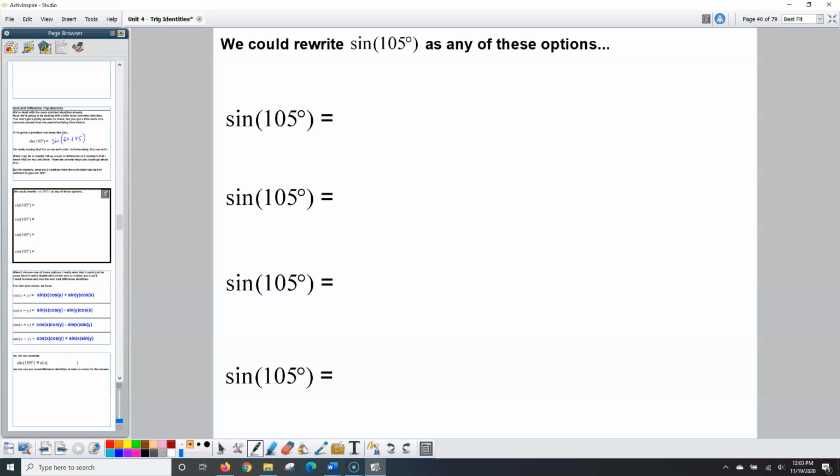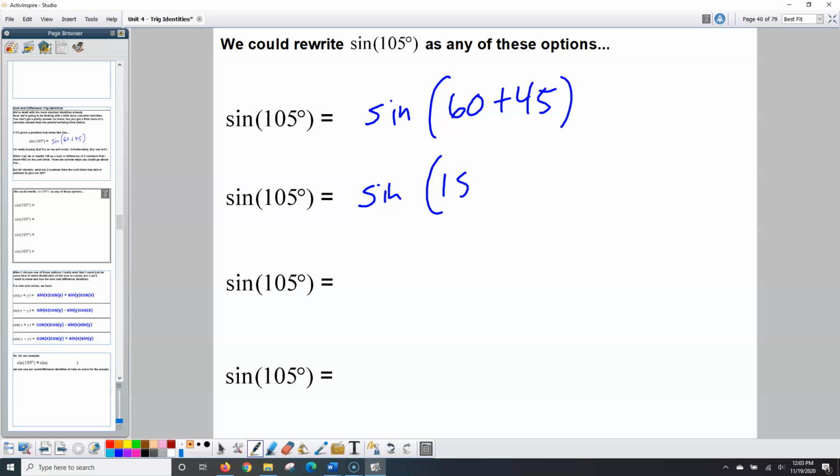So we had 60 and 45 to start with. You could also do, I don't know, sine of 150 minus 45.